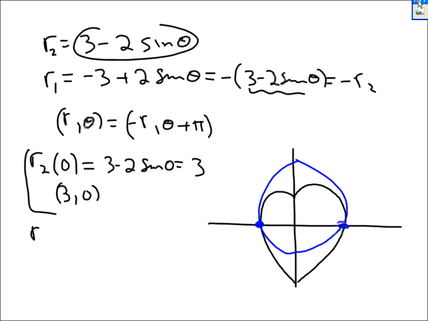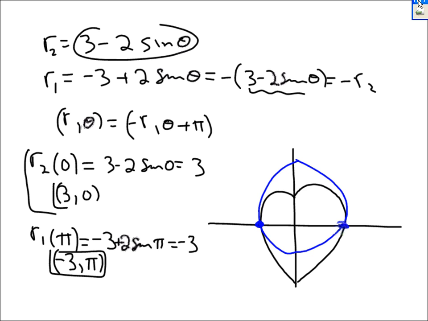Now, if you do r1 of, say, pi, you get negative 3 plus 2 times the sine of pi. But the sine of pi is 0. So you get negative 3 plus 0, that is, r is negative 3, the angle is pi. Same point. They're the same point.